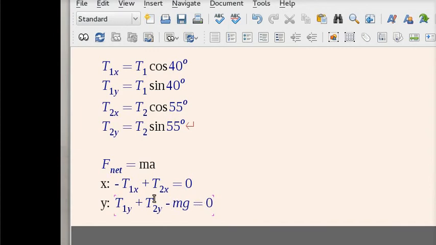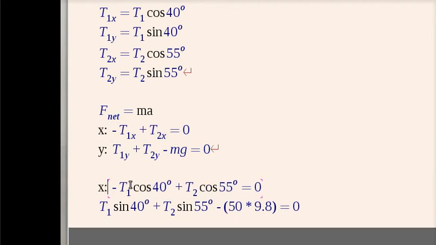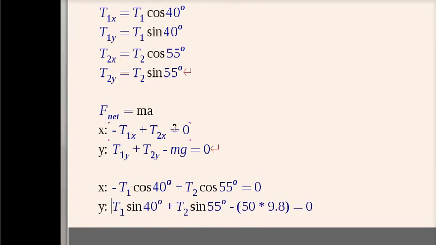We plug all this stuff in and a bunch of algebra happens. I'm going to do the first step of that. And so this is the x equation and the y equation with the components plugged in. So T1x plugged in there, etc.